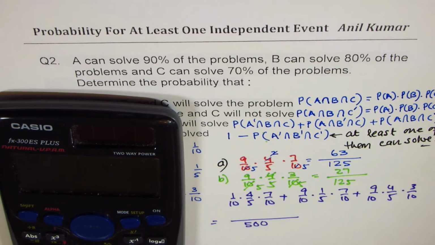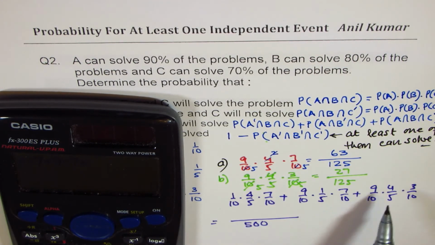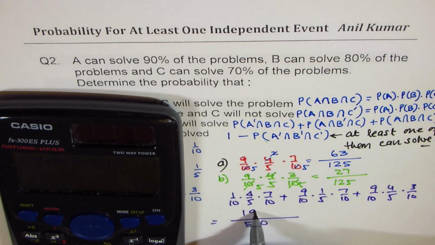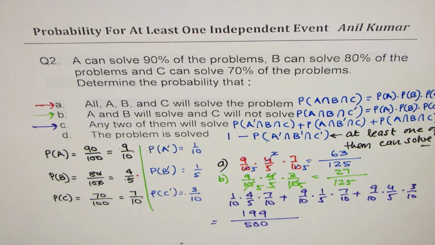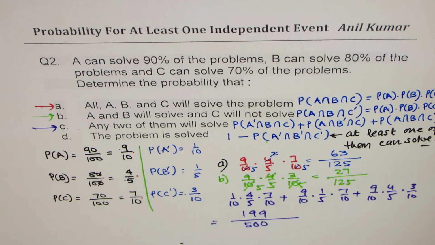So we have 4 times 7 plus 9 times 7 plus 9 times 12 in the numerator, which is 199, right? So we have 199 over 500 as our answer, correct? So that is how we could actually solve this particular question, okay? So I hope it is absolutely clear.